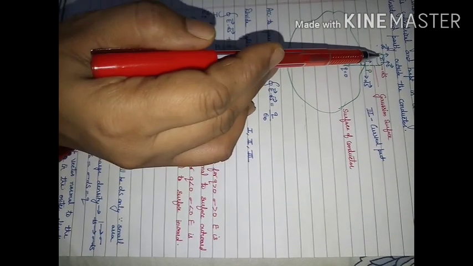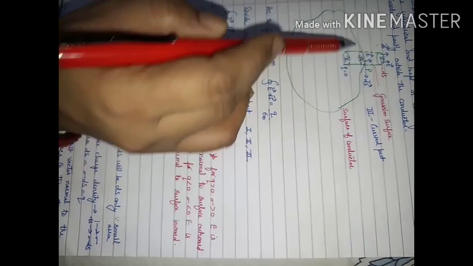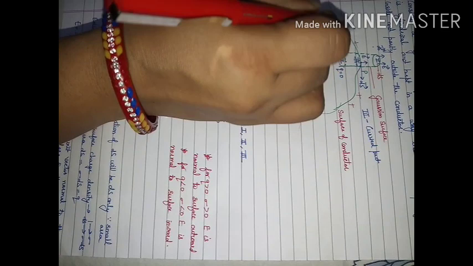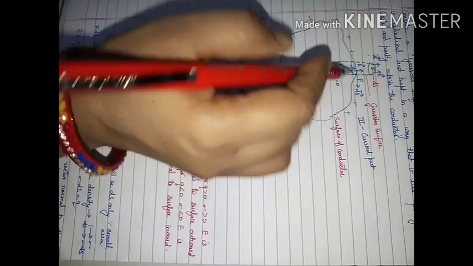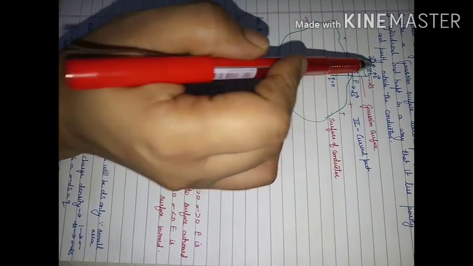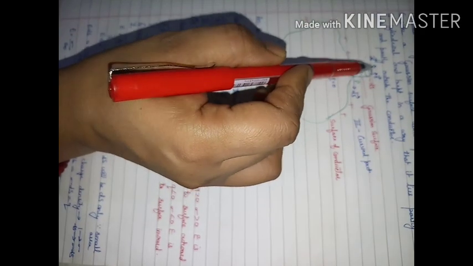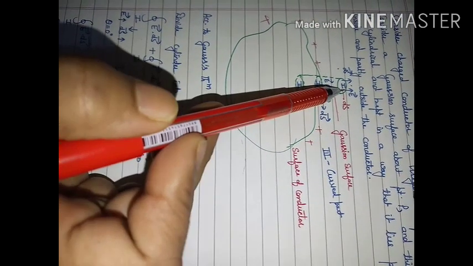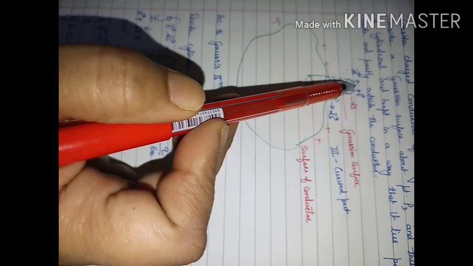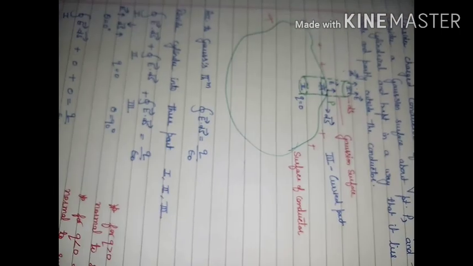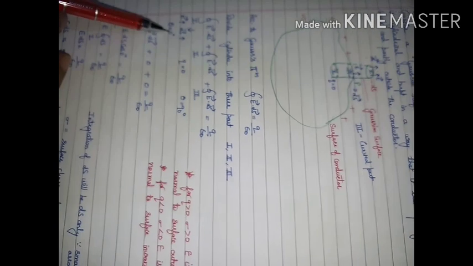For the first surface, if I consider it positively charged, the electric field will point in the outward direction, normal to the surface. If you draw a normal to find the area vector, this will also point upward. For this part, E and ds point in the same direction, so theta will come out to be 0.